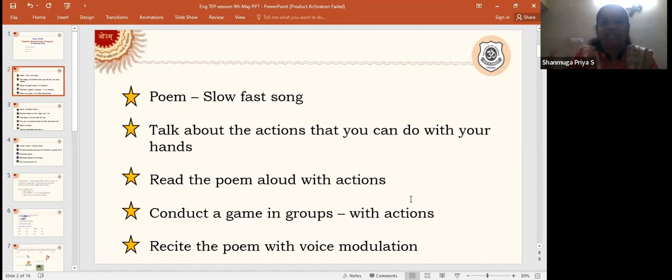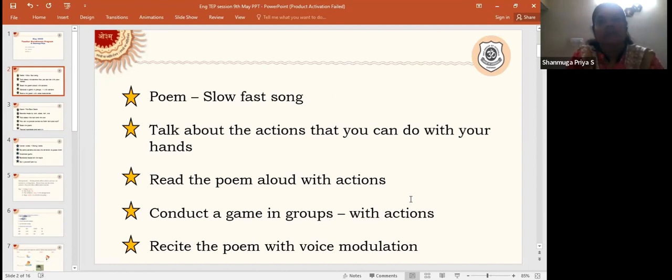We can make the children do the actions and sing along with us. We can read the poem aloud with actions, and also recite it with voice modulation, because in this poem they say do the actions as slowly as you can as well as quickly as you can.